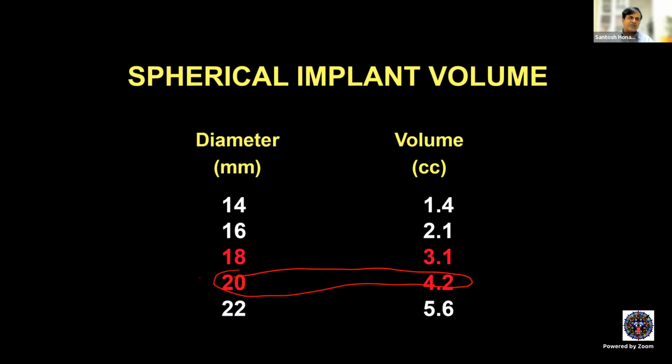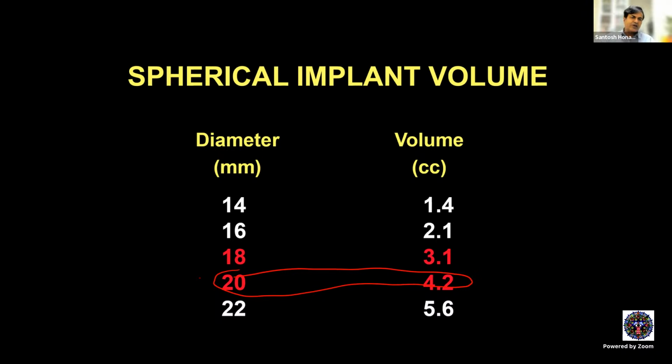So that is the reason why you should not use a larger implant. Generally 18 to 20 millimeter is used. 19 millimeter implant is also available. So ideally we should use a 20 millimeter implant in an adult, because that is closest. 22 becomes quite big. So 20 or 21 is perfectly acceptable, although it is said that axial length minus 2 millimeter, but practically what we use is this.